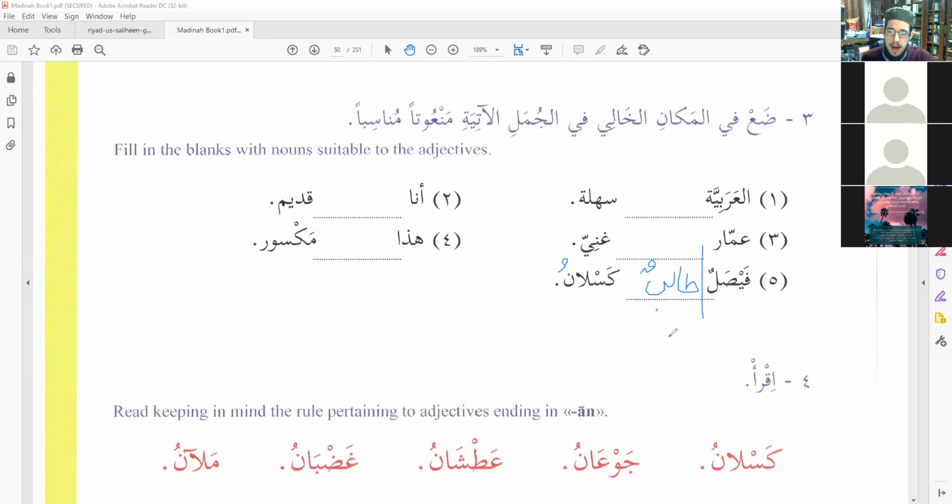The only possible way it could have neither alif lam nor tanween is if it's mamnu' min as-sarf, like kaslanu, or if it were part of a mudaf ilayh, if we had, for example, talibul madrasati, right?